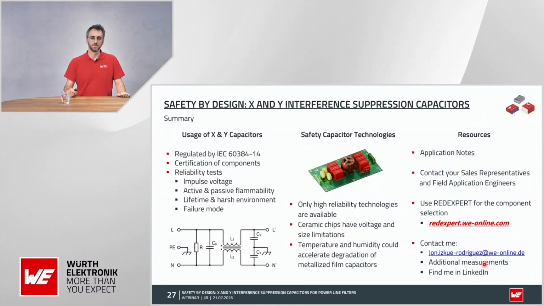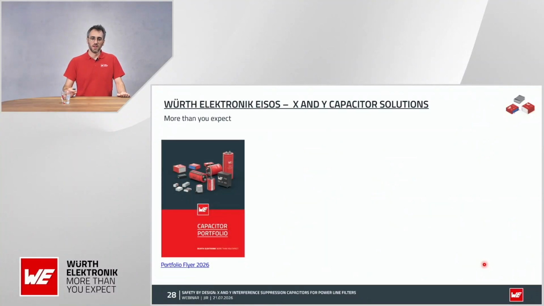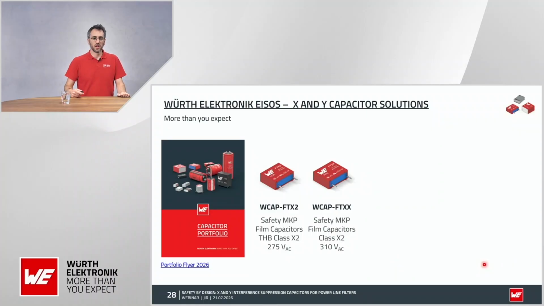Now, before I finish, an overview of all the capacitors that we have in our portfolio for X and Y. So we have the regular X2 capacitors. These two series, one is providing 275 volt AC rating and the other 310. This is the only difference.